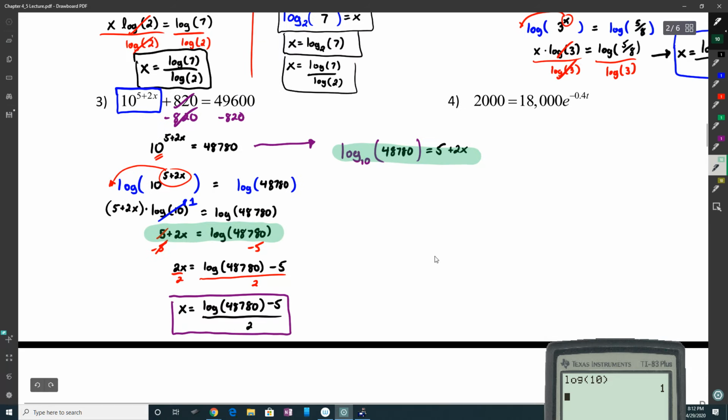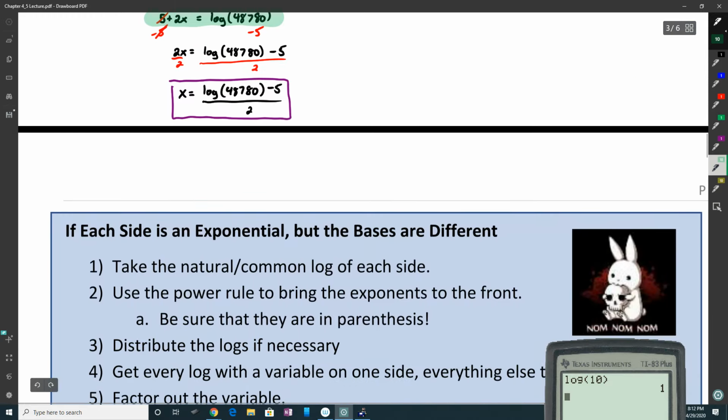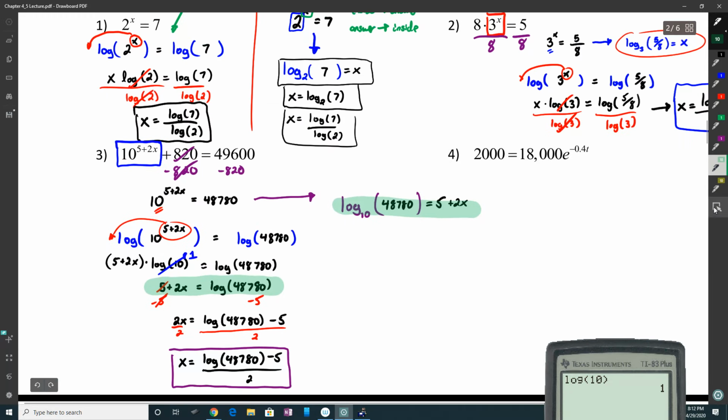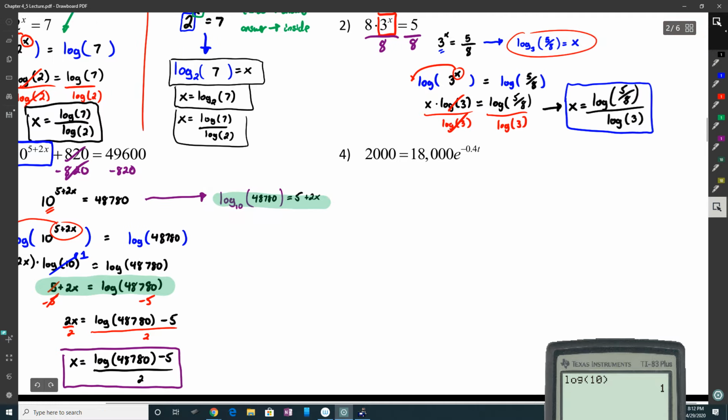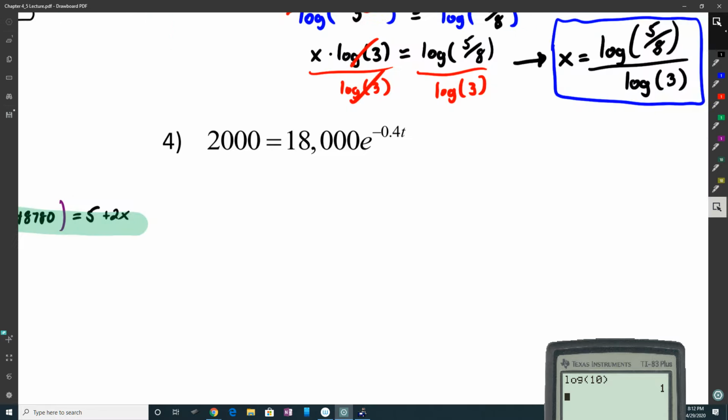Okay, last one, before we go to the ugly one. All right. So here's a traditional exponential equation with e. So my base term is right there.